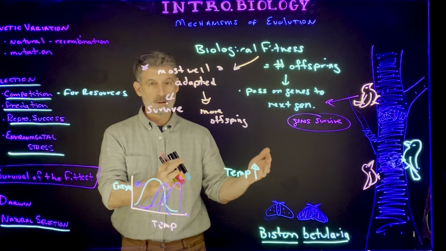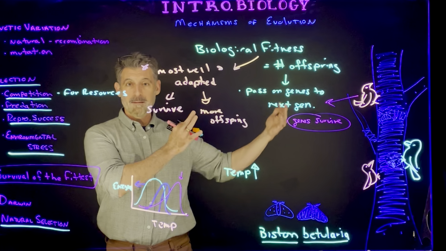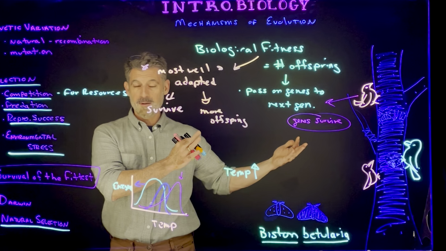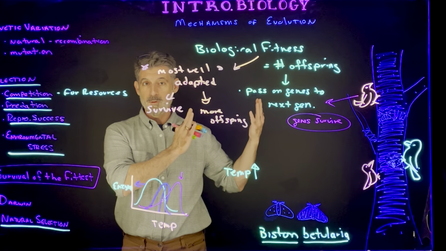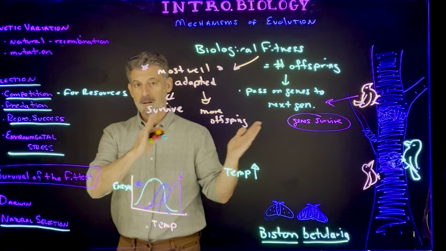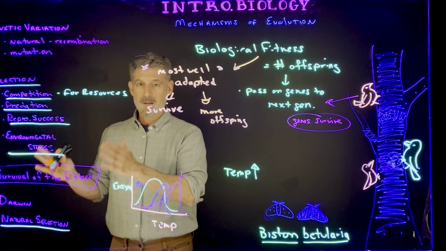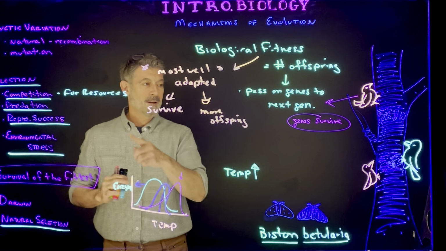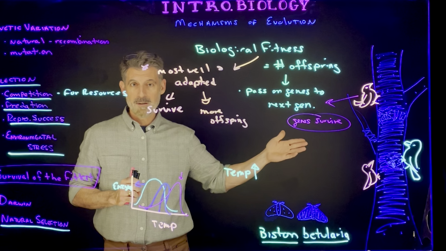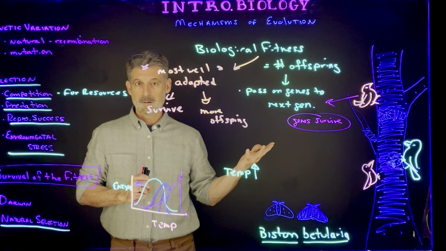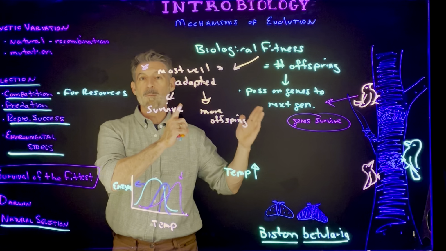Some organisms are going to be better adapted to whatever that competitive pressure is, and they will be more successful. The ones who cannot adapt either do not survive or are not successful. As an individual, while they may survive, they don't pass on many genes or any genes into the next generation. So they start to disappear from the populations, and the population shifts away from whatever they were.